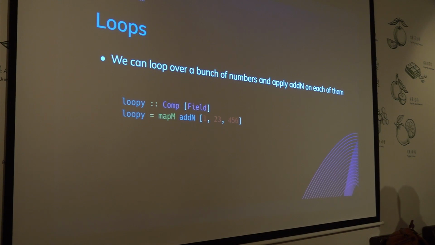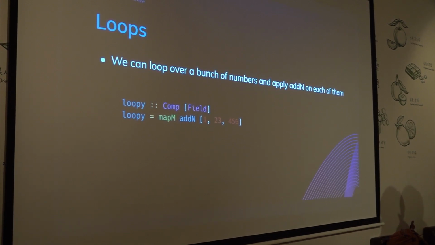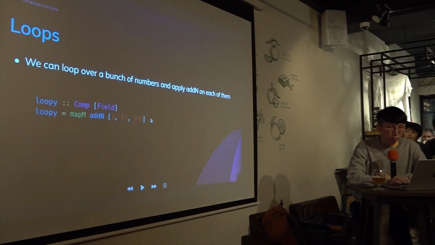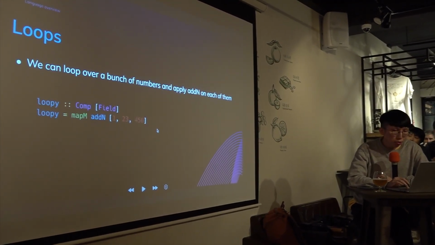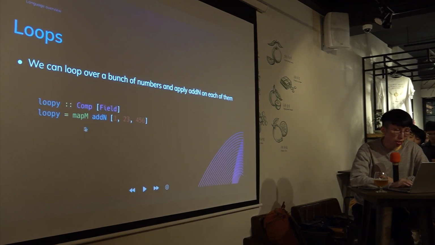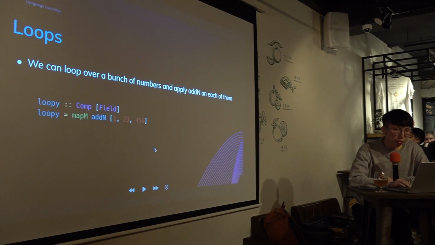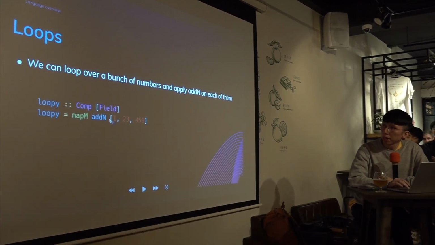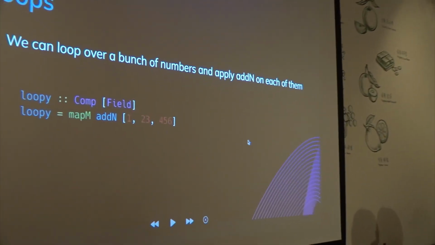You won't get the final Keelung program because your program simply doesn't terminate in elaboration. So you only get a Keelung program if the Haskell program terminates. In this example, we're mapping over a list of field elements and applying all of them to that one. So in the end, we will get a Keelung program that outputs a list of fields.